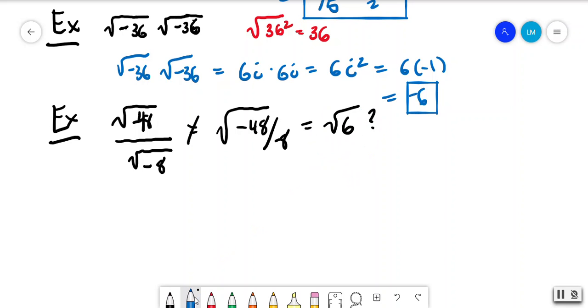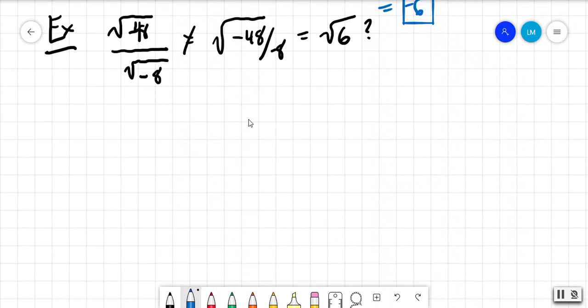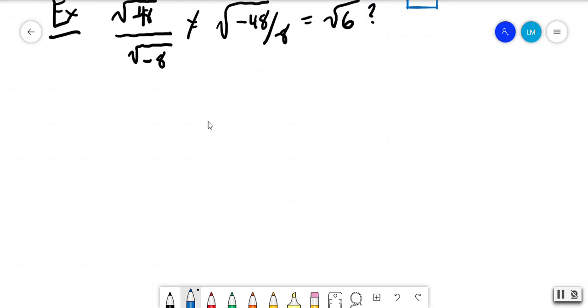So what we can do is go ahead and do it in steps. I know that the square root of negative 48 is the same thing as the square root of 48 times i. Even if this does work out to root 6, that's probably an anomaly.